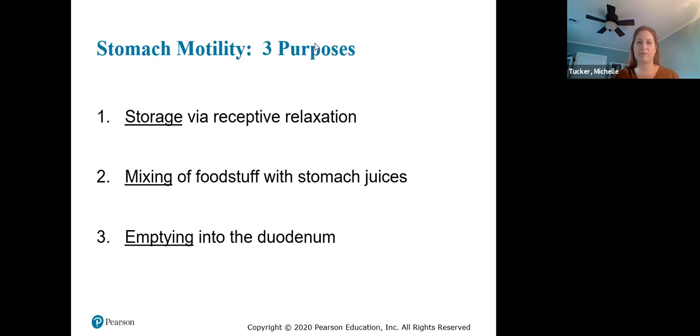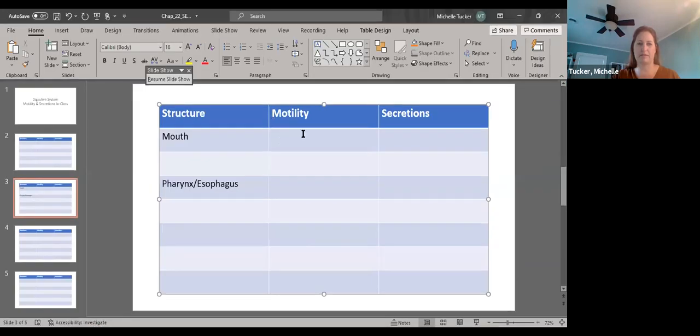Okay, so actually we're going to go ahead and move over to our summary sheet, which I'm calling my in-class summary. So for the mouth, for motility, we have chewing and forming the bolus. For the pharynx and the esophagus, we have the swallowing reflex.